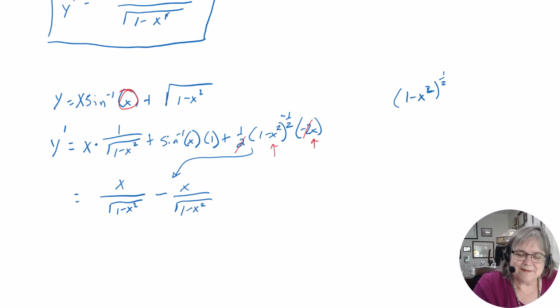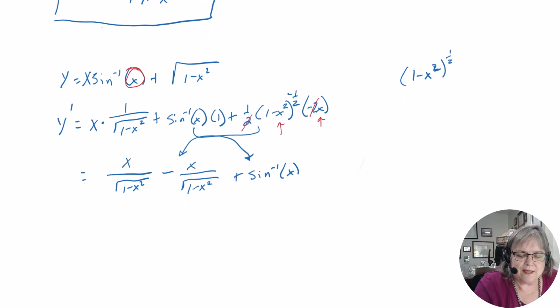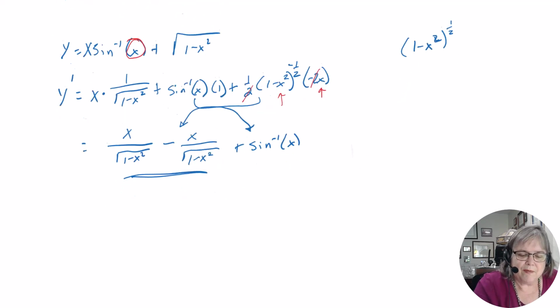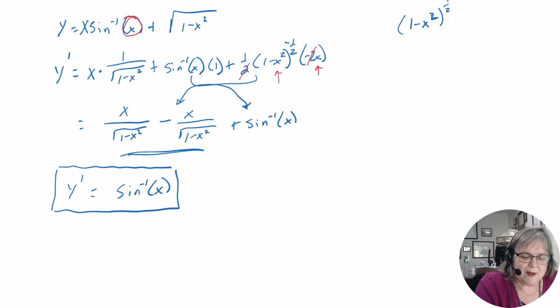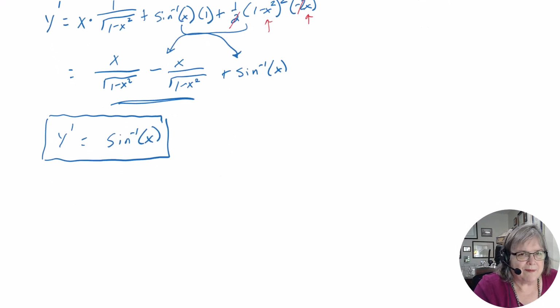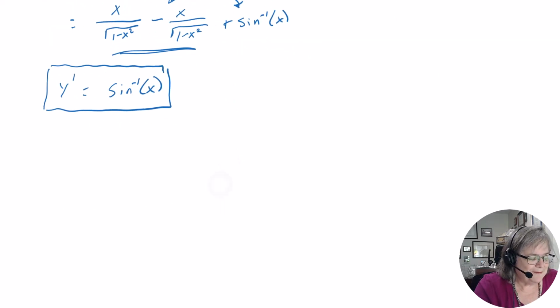That's kind of cool, okay? And the only thing we've got left is the inverse sine of x. So this is going to come down here. I just wanted you to see these two together right there, and they go to 0. So the answer is the inverse sine of x. I kind of like it when things like that clean up. They make me smile. They also make me kind of nervous because I'm like, did I just do something I shouldn't have done?